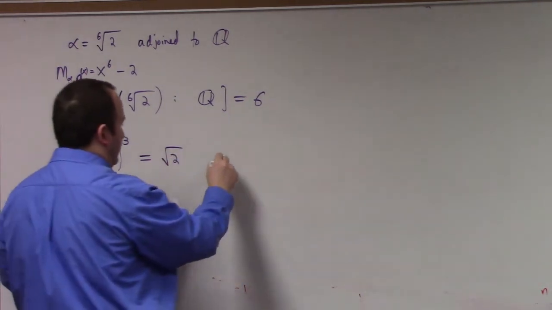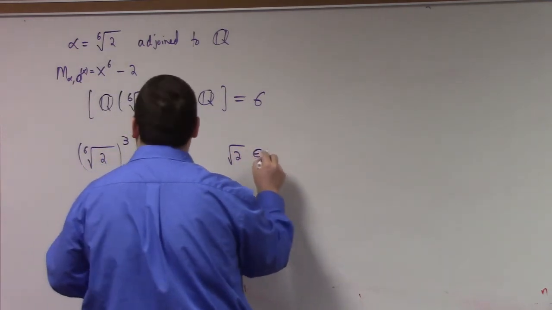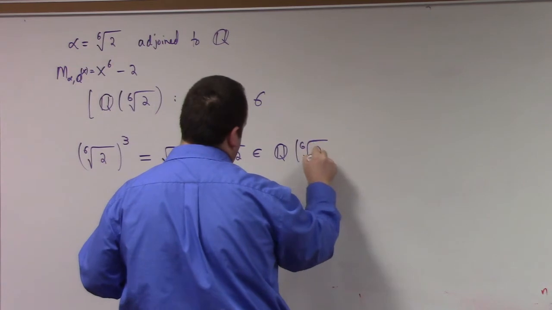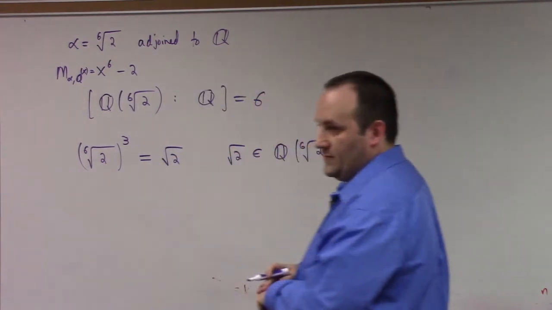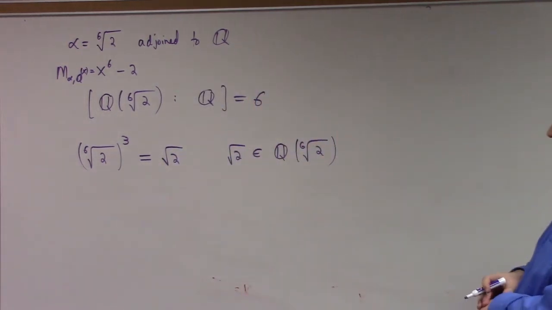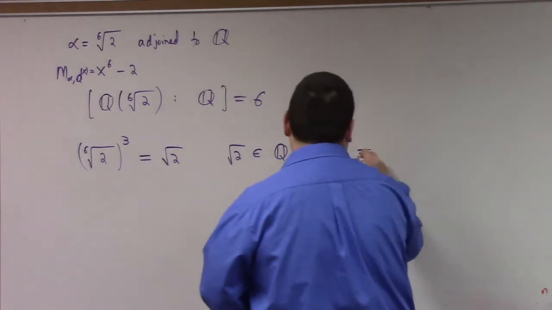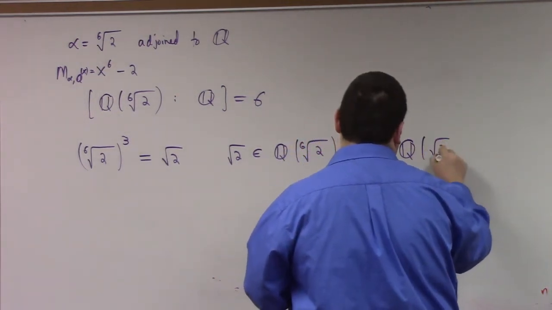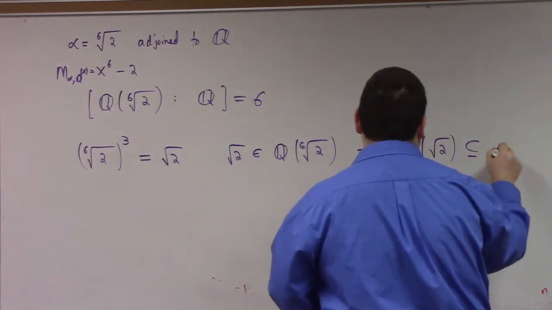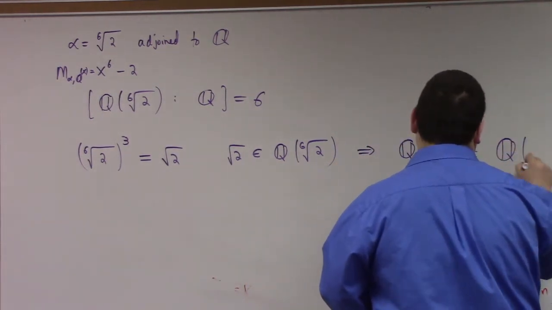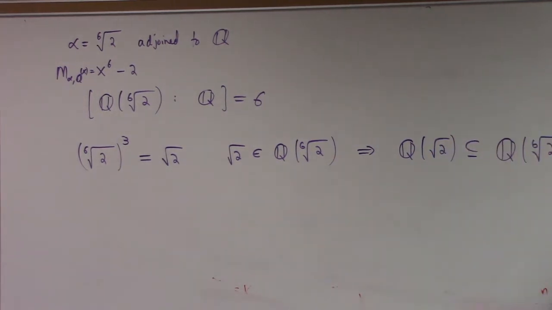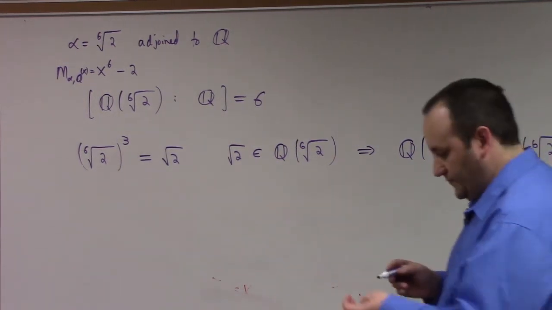That shows that the square root of 2 is an element of Q adjoin the 6th root of 2. So that implies, of course, that Q adjoin the square root of 2 is a subfield of Q adjoin the 6th root of 2, right?